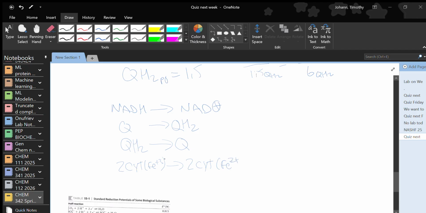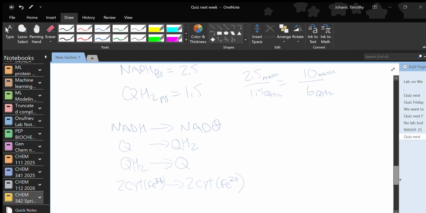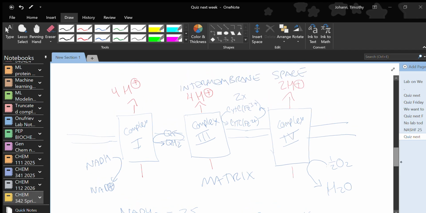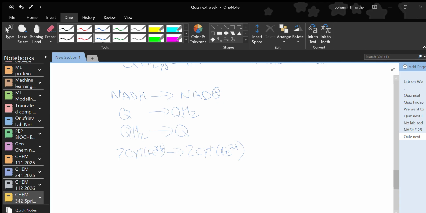I should do 2 plus; formally, that's the best way to write it. And then those cytochrome Cs wander off to complex 4 and drop off their electrons, so 2 cytochrome Cs at iron plus 2 become 2 cytochrome Cs at iron plus 3.